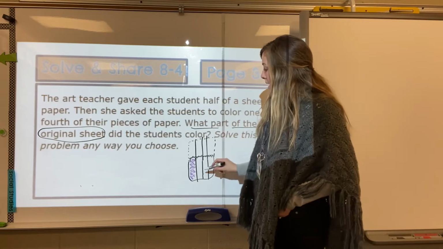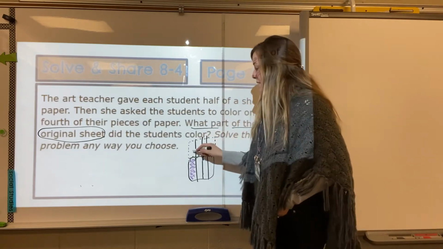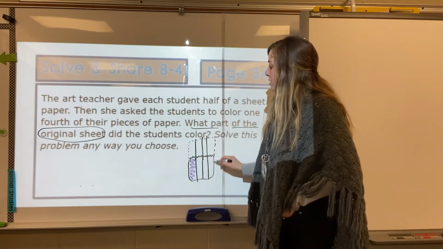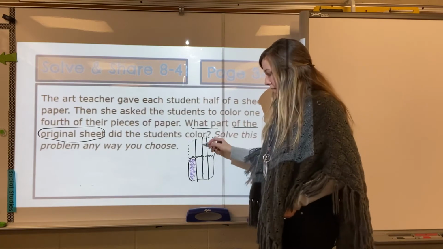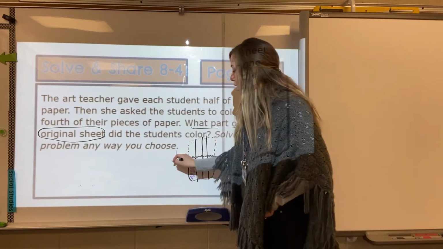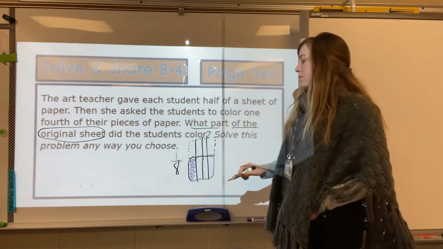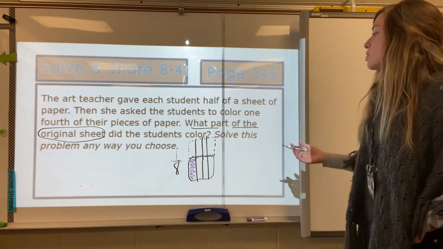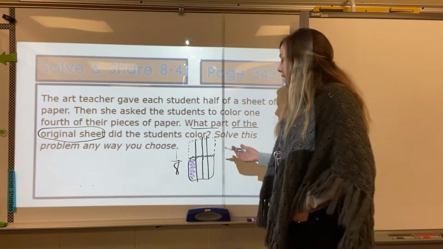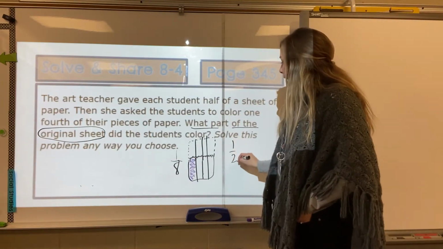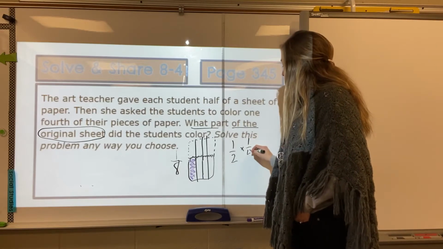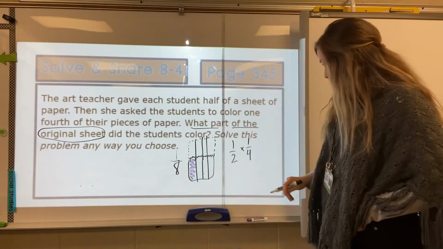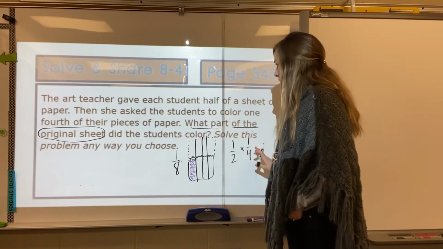And so now you can start to visualize a little bit more with this phantom piece up here. There are 8 total pieces now with the phantom piece, and we have 1 out of those 8 pieces. And so what you really just did here was 1/2 times 1/4. Actually, I think we would write it the other way.